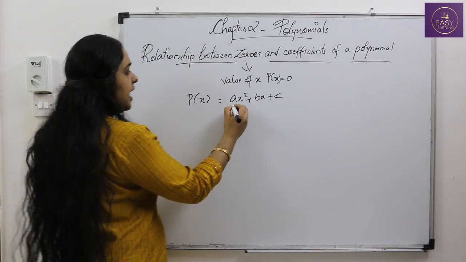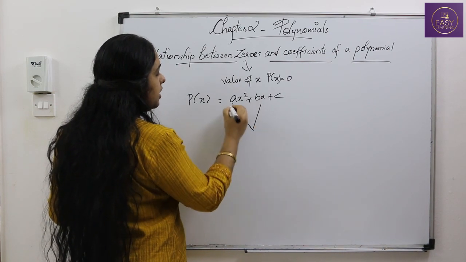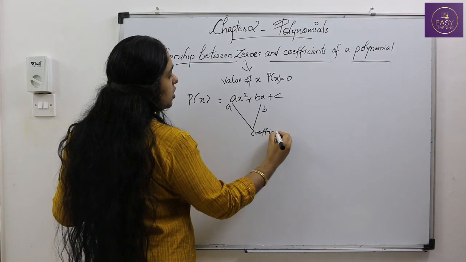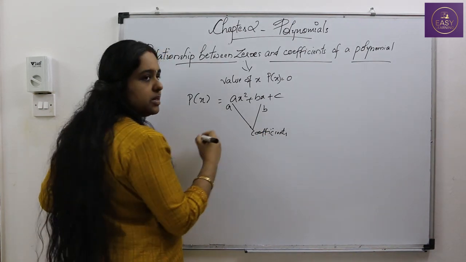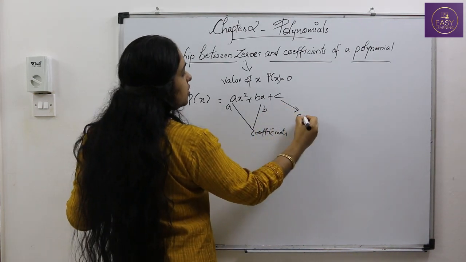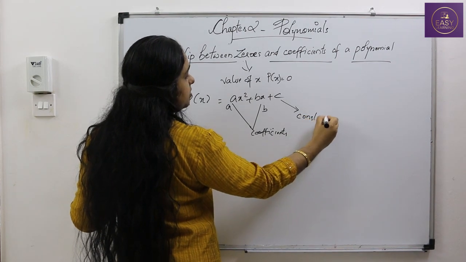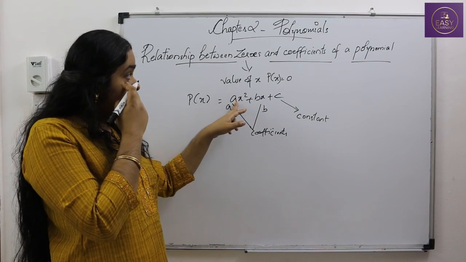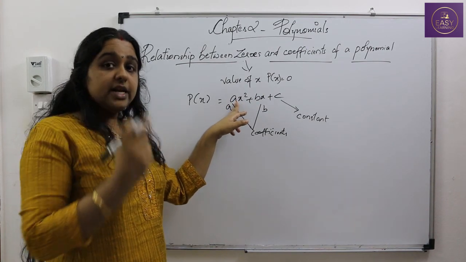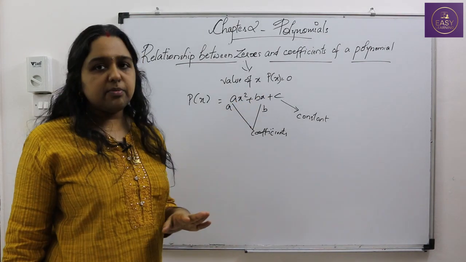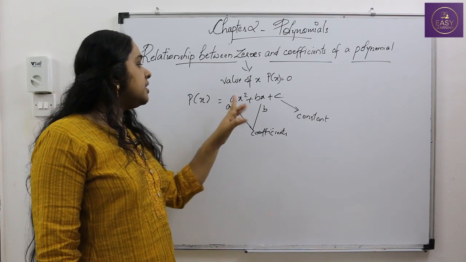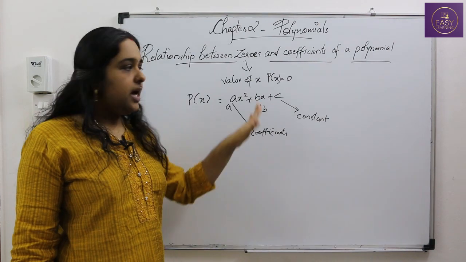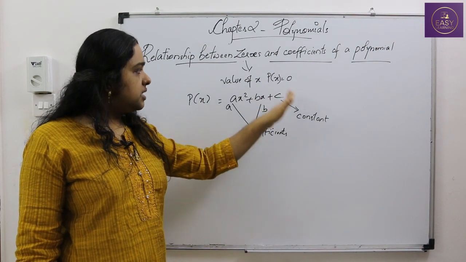Here a and b are coefficients, the constants with the variables, and c is the constant. They will also be real numbers. A, b and c will be real numbers.